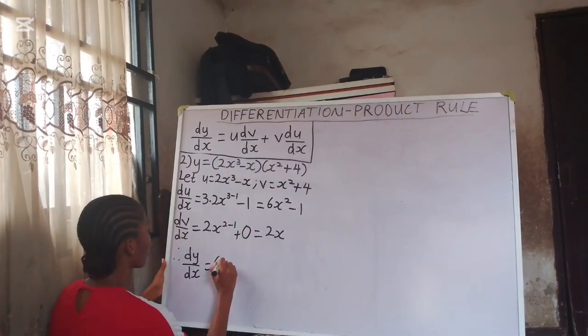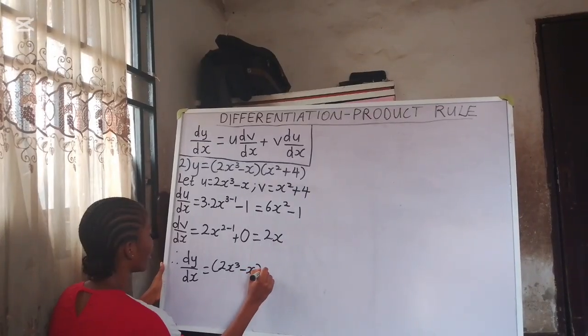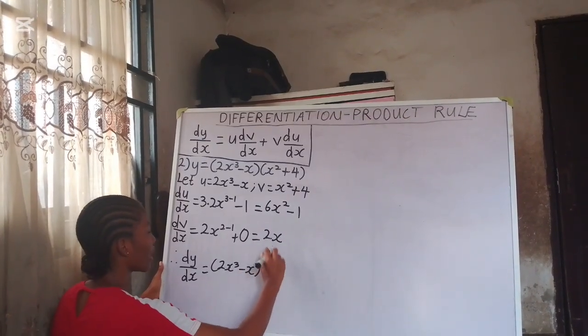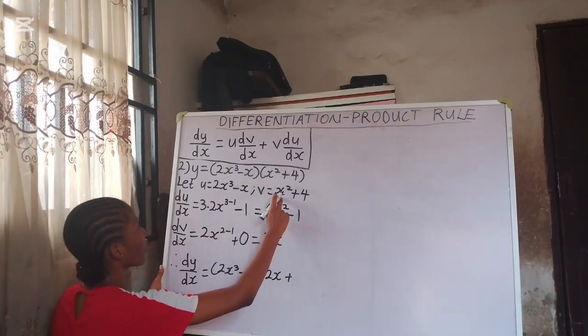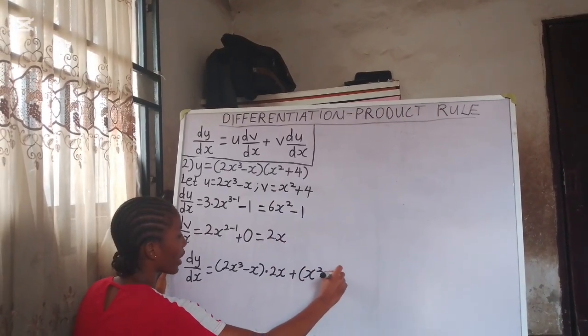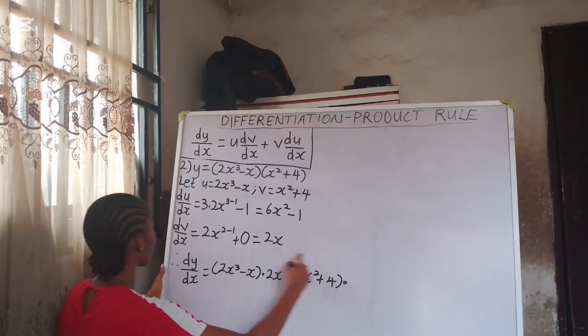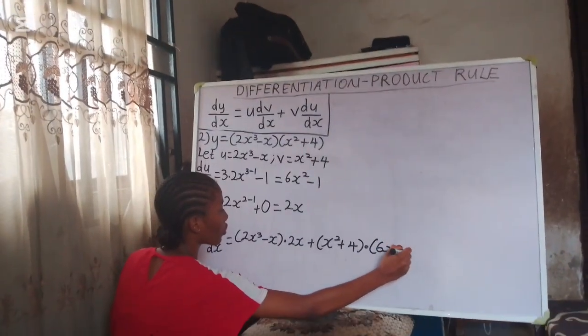U is 2x cubed minus x, dv by dx is 2x, v is x squared plus 4, du by dx is 6x squared minus 1.